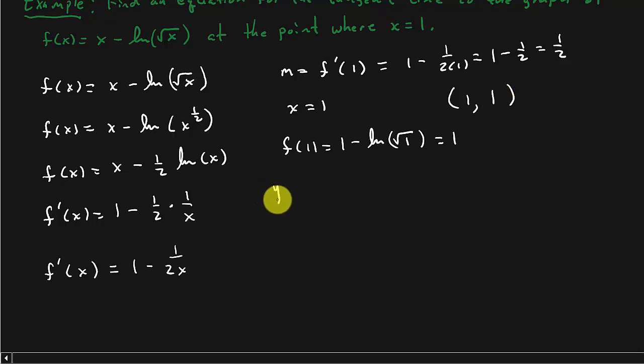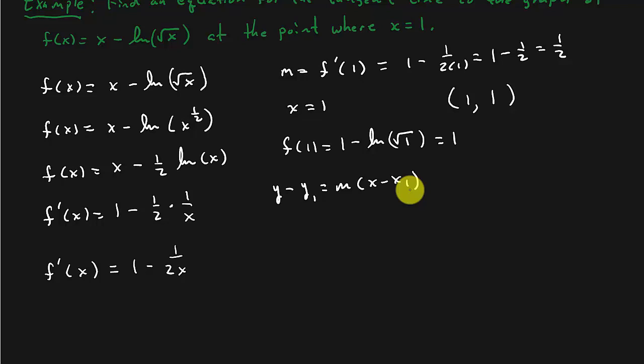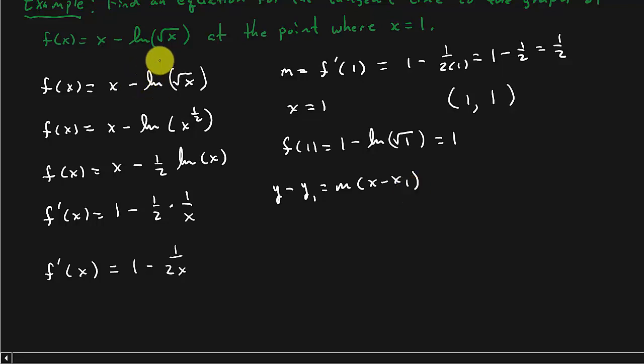And so now we're going to use y minus y1 equals m times x minus x1. At this point in the class, you've already worked a bunch of these problems. You should know how to work this. The only difference is that we're taking the derivative of a function that has a natural log in it.